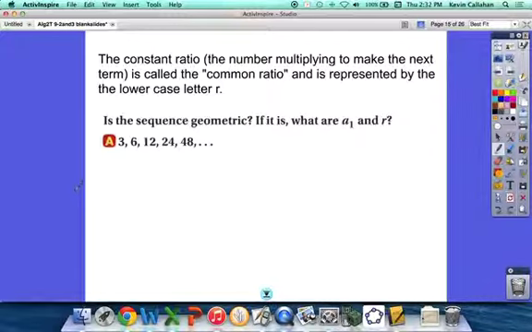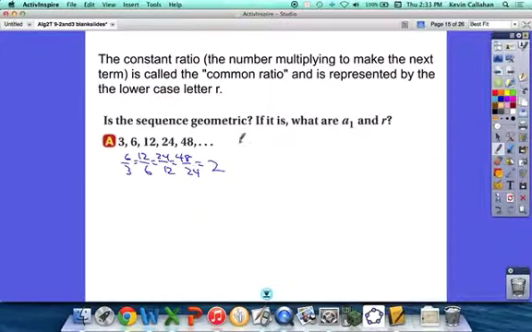So would you say that that is a geometric sequence? What does it look like you keep multiplying by to get the next term? 2. So 6 over 3, 12 over 6, 24 over 12, and 48 over 24, in every case, equals 2.